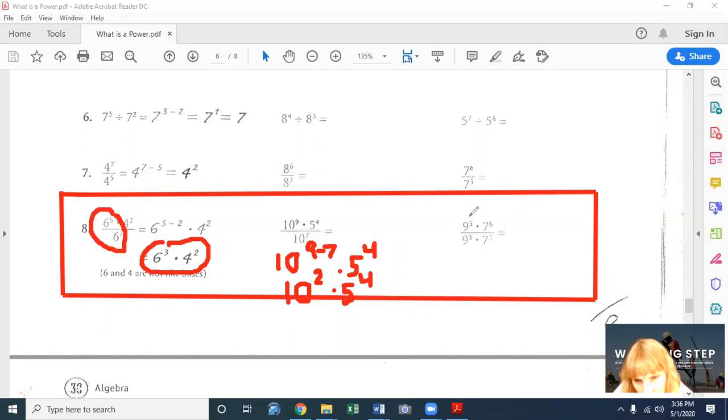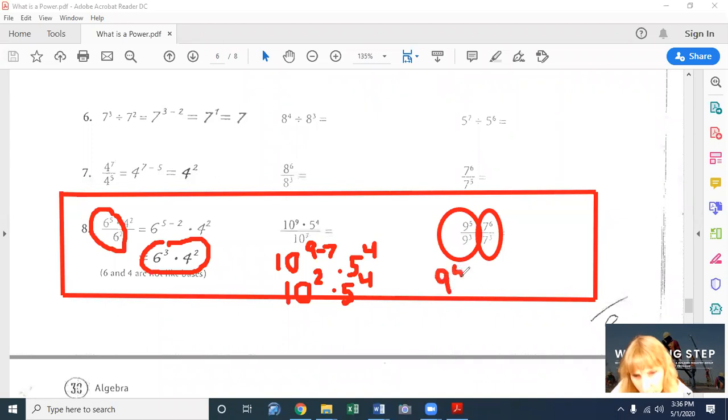And I see that we have similar bases right, grab a different circle here, right here. And we also have similar bases right here, like that. So those are the ones we can use the rule on. So we have 9 to the 5th power divided by 9 to the 3rd power.